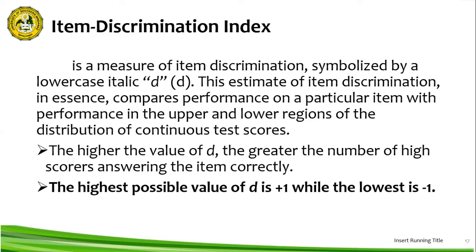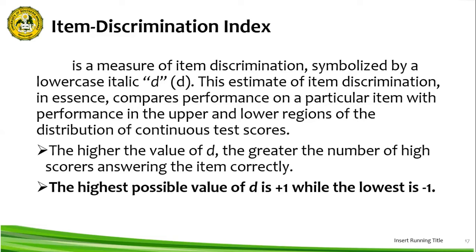A negative d value on a particular item is a red flag because it indicates that low-scoring examinees are more likely to answer the item correctly than the high-scoring examinees. This situation calls for some action such as revising or eliminating the item.